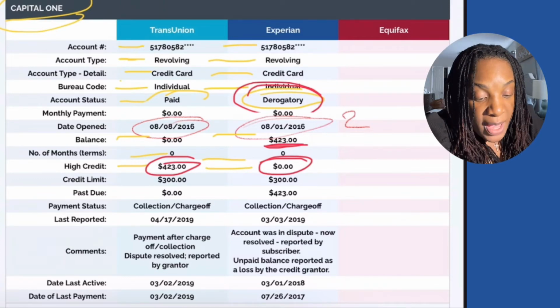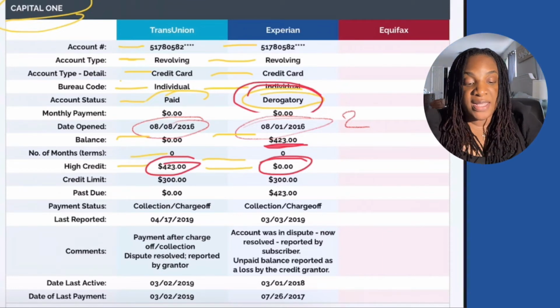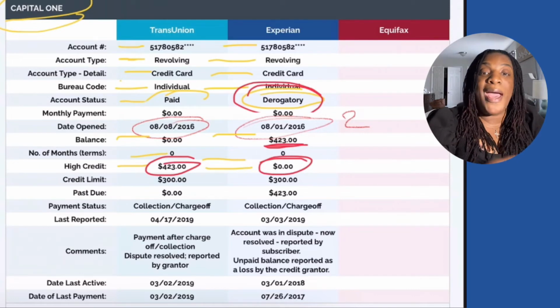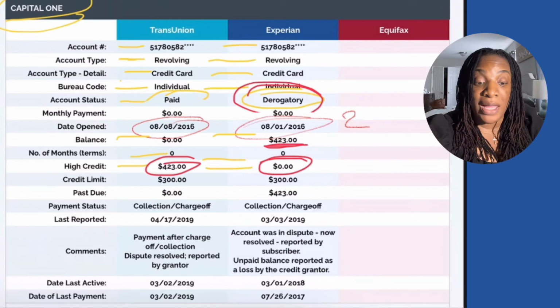Past due balance. Okay, so of course she doesn't have a past due balance because she paid the charge off. But however, even before she paid the charge off, she shouldn't have had a past due balance on the credit report, because per Fair Credit Reporting Act laws, you cannot report a past due balance on a closed charge off.